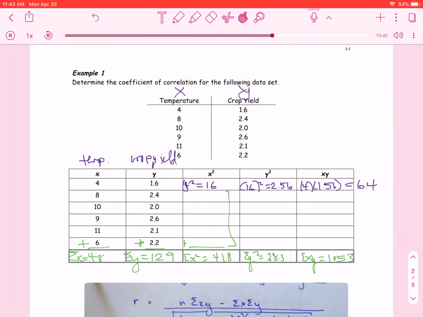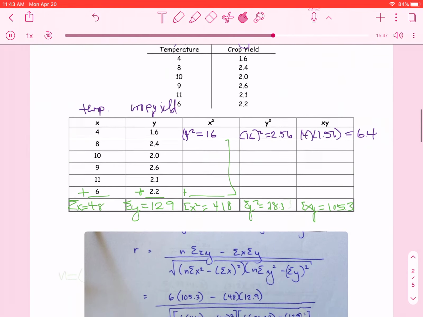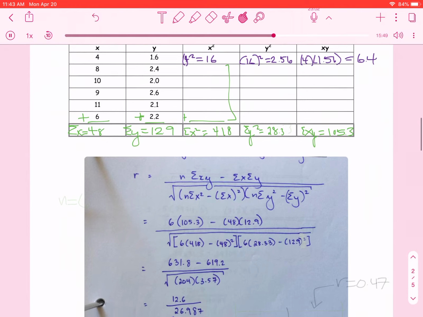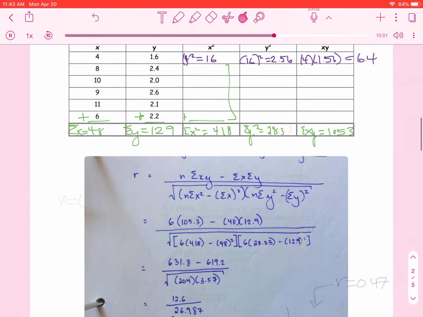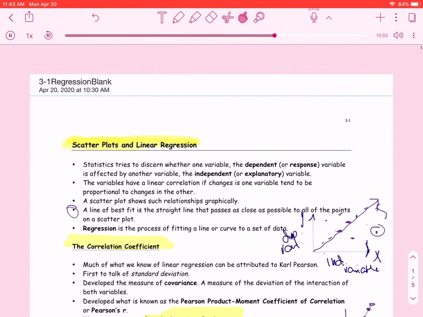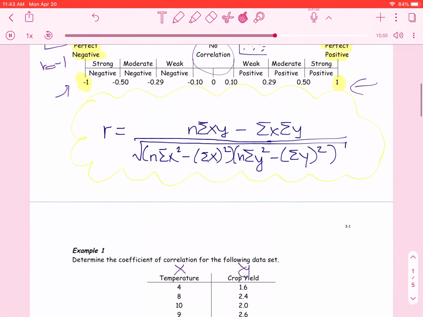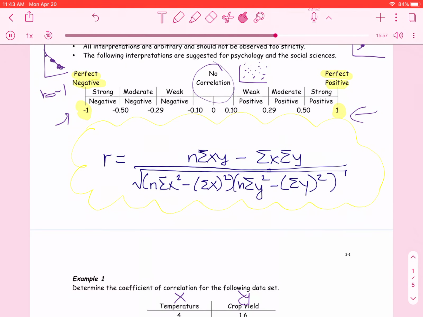Now we're going to take all of those values and go back and think about how we determined if it was a negative correlation: perfect negative, moderate negative, weak negative, no correlation, and then up the scale to perfect positive, weak, moderate, strong, or perfect.